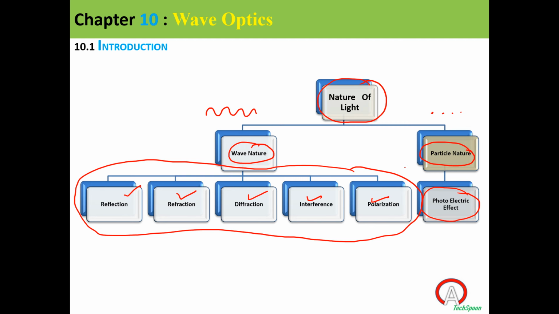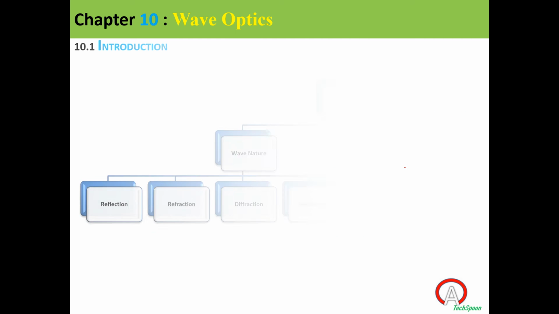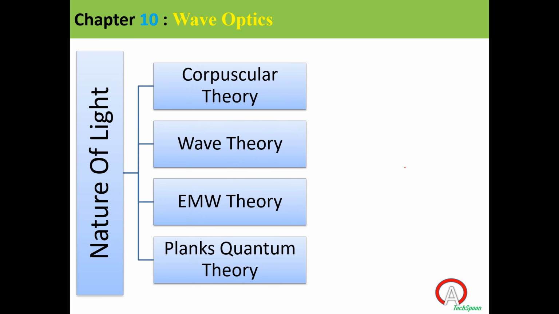We already explained under chapter 11 that photoelectric effect is explained with the help of particle nature. Right? Okay. So reflection, refraction, diffraction, interference, and polarization are based on wave nature, and photoelectric effect is based on particle nature. So we have studied a lot of theories.